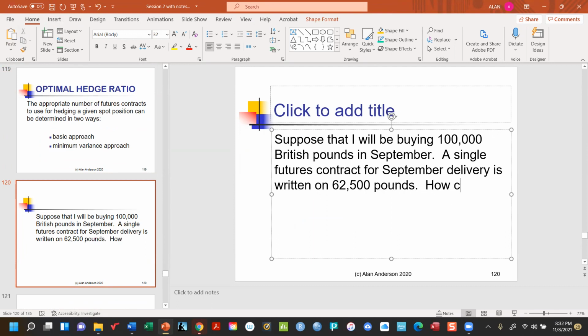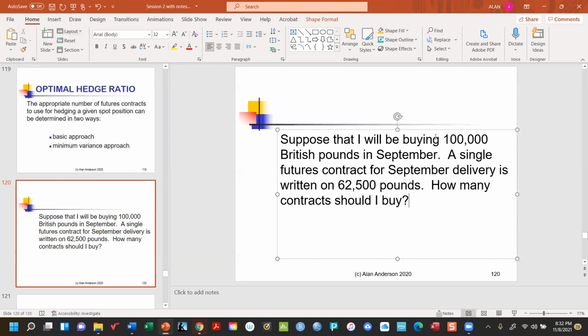How many contracts should I buy? Well, one is not enough and two is too many. So that raises an interesting question. How can I figure out the proper number of contracts to buy?